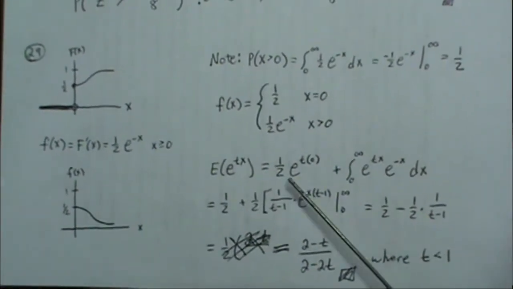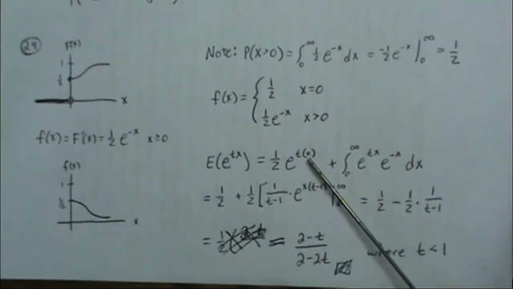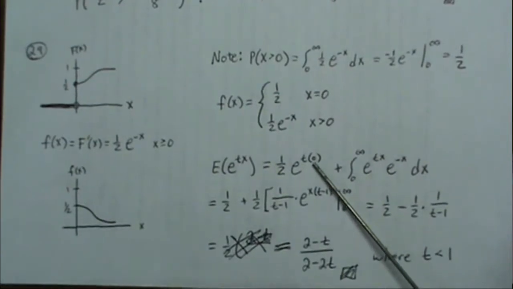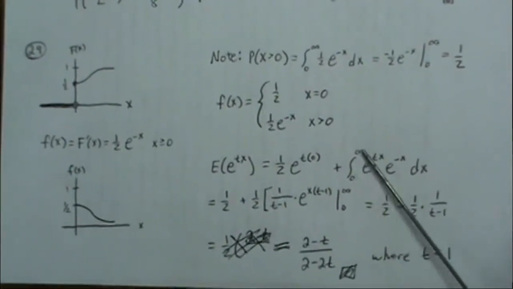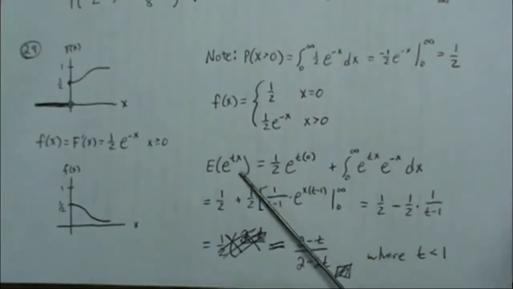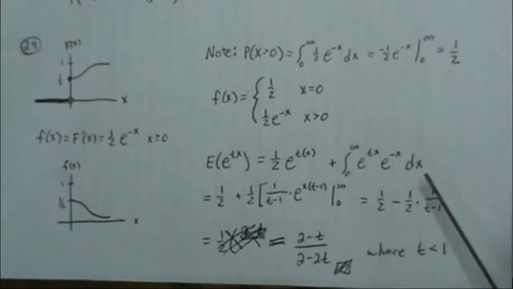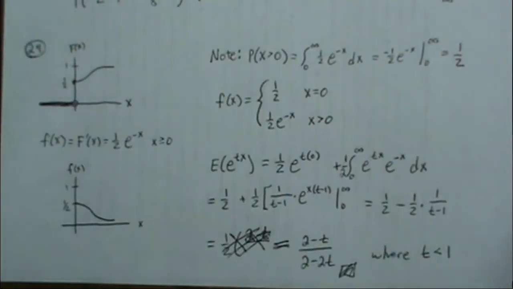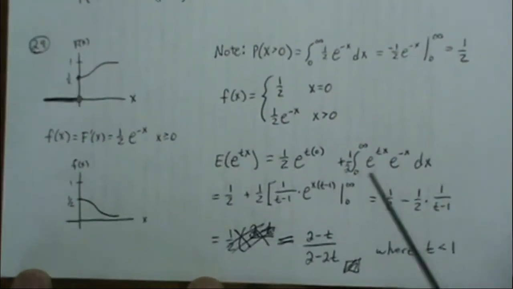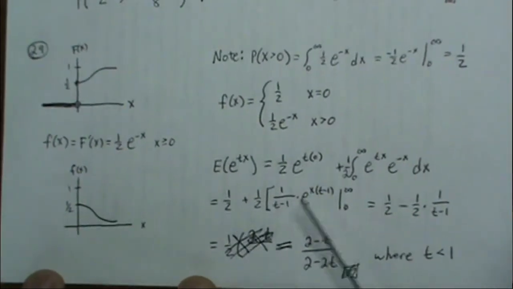So when x equals 0, it's 1/2 e to the t times the value of where you are, which is 0, and then we're going to integrate from 0 to infinity of e to the tx times the density. Okay, I added a 1/2 here. I missed it earlier. So you integrate this. Well, this first one, anything to a 0 is 1, so you just get 1/2.